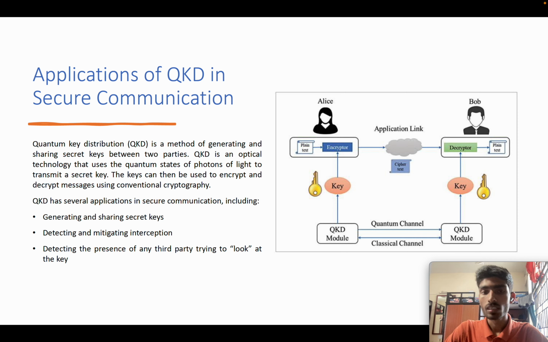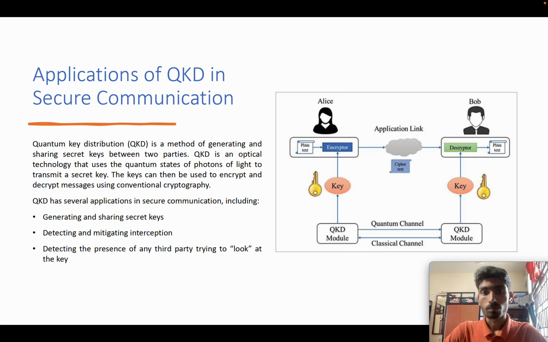As you can see in the right side diagram, we show the whole quantum key distribution procedure. In this diagram, Alice is sending data by encrypting it using a key to Bob, and Bob is decrypting the data using a key and getting the plain text, the message in its original form.